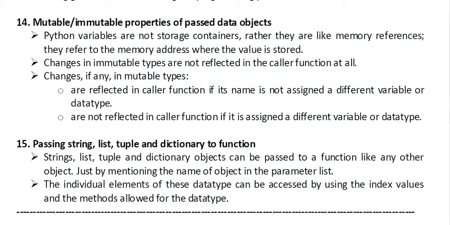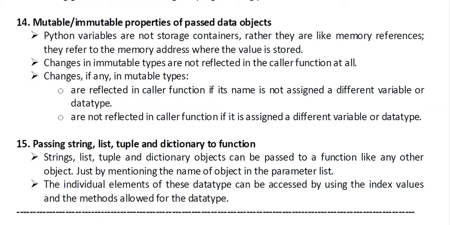So if you want to access its individual elements, you have to use the methods that are allowed with the data type. All the methods you have studied related to strings, list, tuple, dictionary will be available with that value.